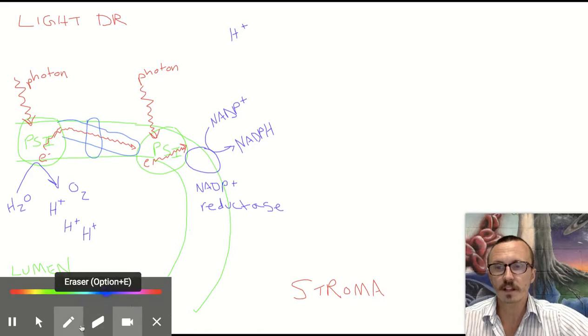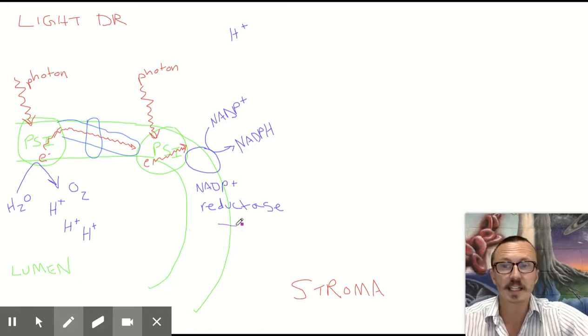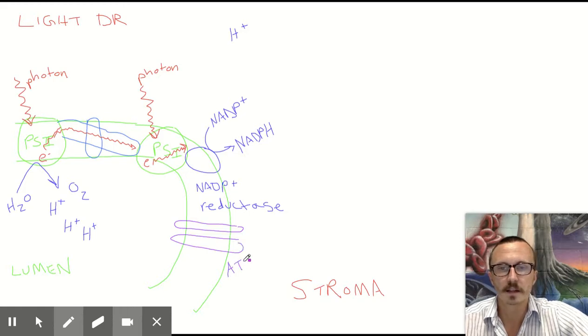Well, there is another enzyme embedded in the thylakoid membrane, and it is known as ATP synthase.